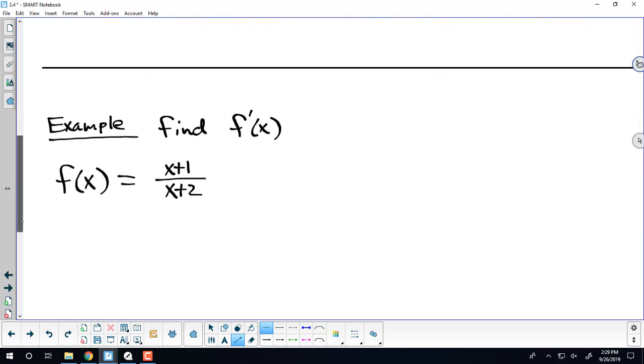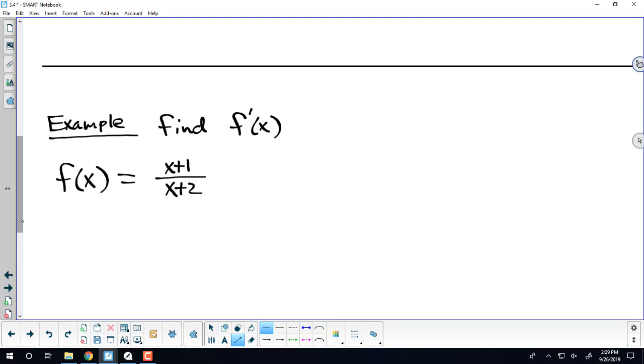For example, we have a rational function here, x plus 1 over x plus 2. Find the derivative of f of x. So we hopefully clearly see f of x consists of a quotient. So to take the derivative, we have to use the quotient rule. So we take the bottom function times the derivative of the top.